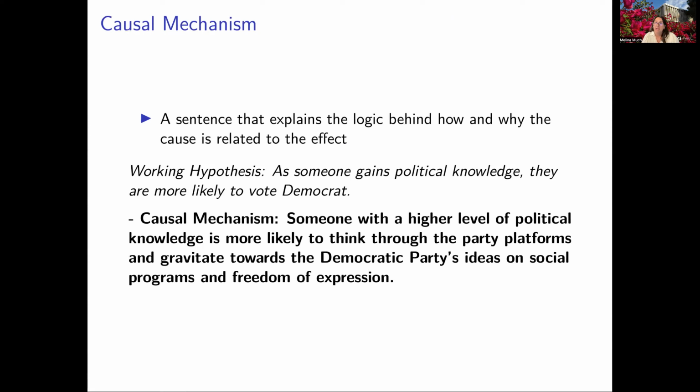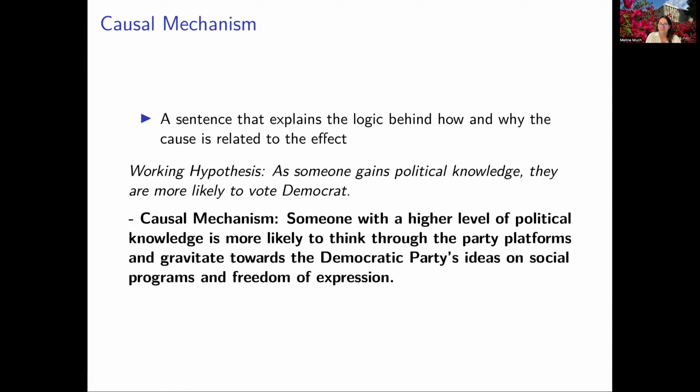So we talked about the language around hypotheses, right? Our working hypothesis is our actual argument, the argument that we're making. We have an alternative or a null hypothesis that would be if our argument was not to be the case. But our working hypothesis in this example is that as someone gains political knowledge, that's our x, they are more likely to vote Democrat, our y.